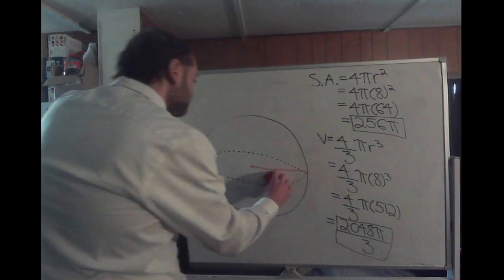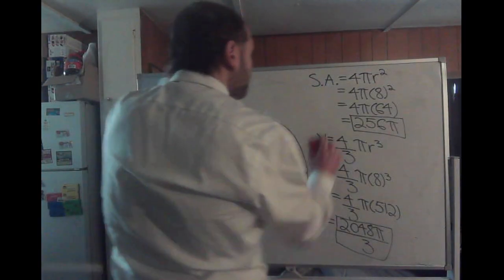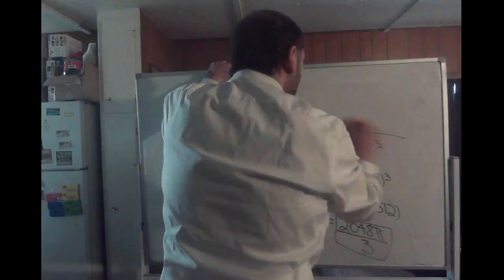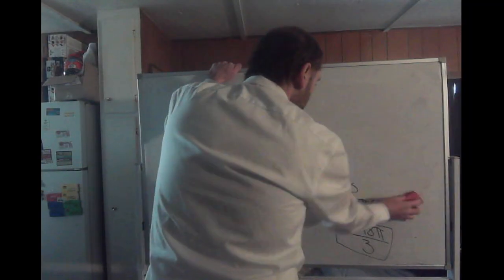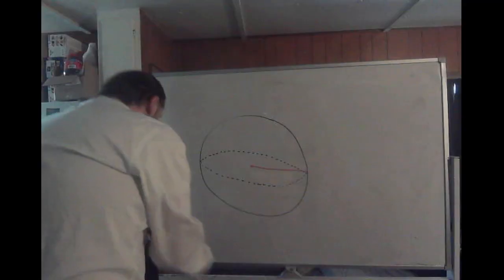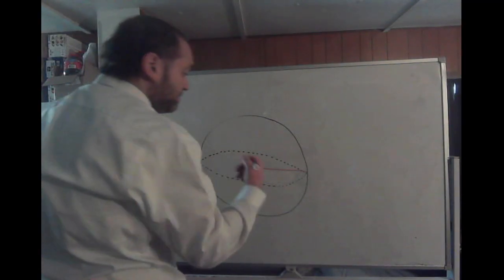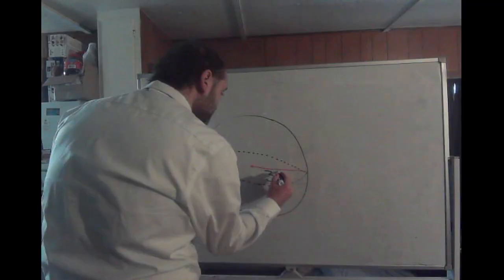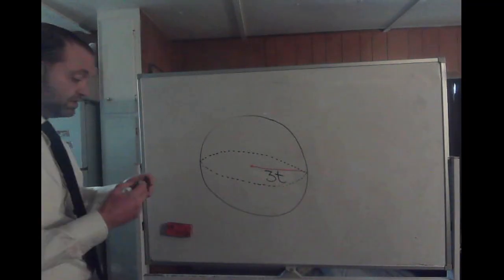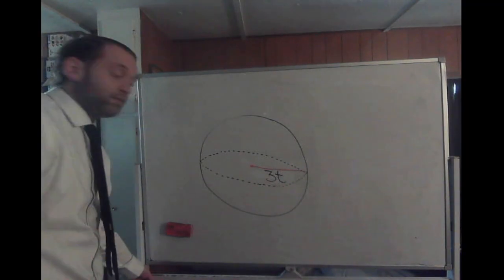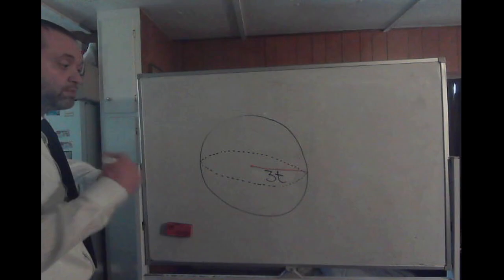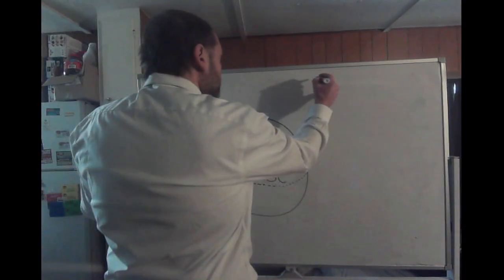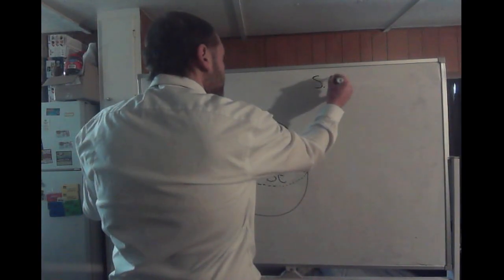Okay, a little bit different here. They're going to throw a variable at you this time. Let's say the radius has a length of 3t. So you have a radius of 3t. Let's find the surface area first.